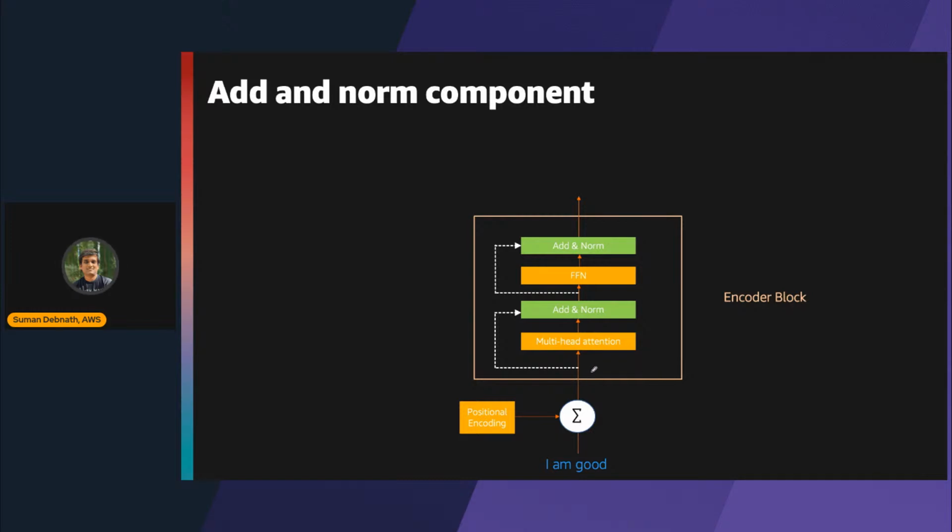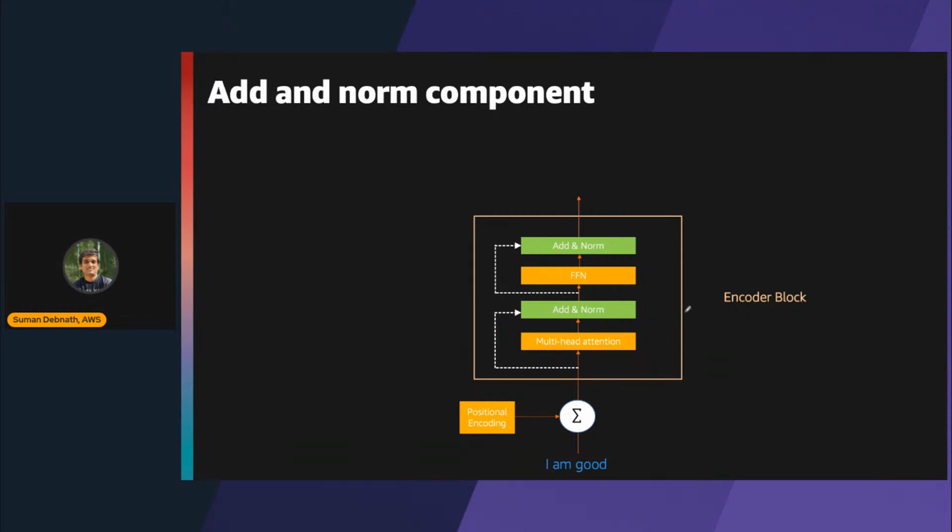What the researchers of the transformer added was an add and norm layer. Apart from the feed-forward and multi-head attention layers, they added this add and norm layer after each of these layers. This actually came from the idea of ResNet. If you are familiar with CNNs, in ResNet we also had add and normalization, and there are many reasons why we do this. One of the reasons is that it makes your training a little faster and more stable.